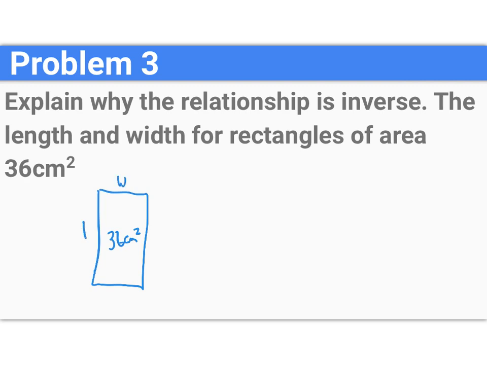What you have to imagine is if you make the width longer, then the length has to get shorter because we're dealing with the same area. So it gets wider, but then the length shrinks. You can't make both of them bigger. If one gets bigger, one has to get smaller.